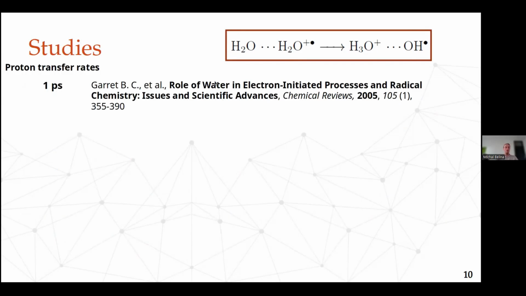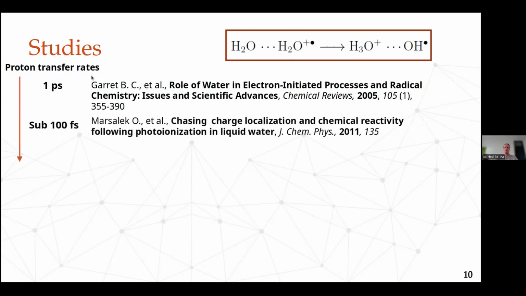What was done in the past was that the time resolution of these experimental methods was too low. For example, in 2005, there was still only an upper boundary known for this chemical rate; it was estimated that it's faster than 1 picosecond.